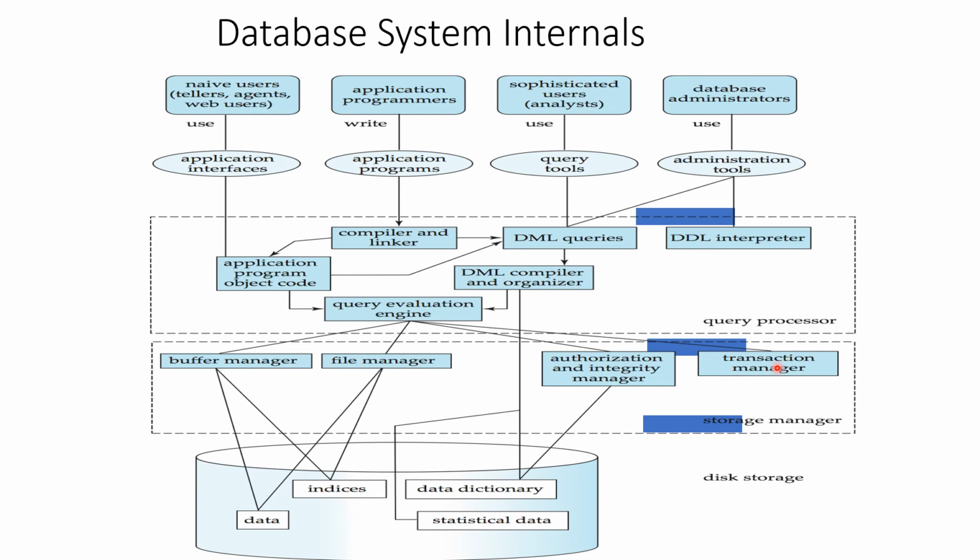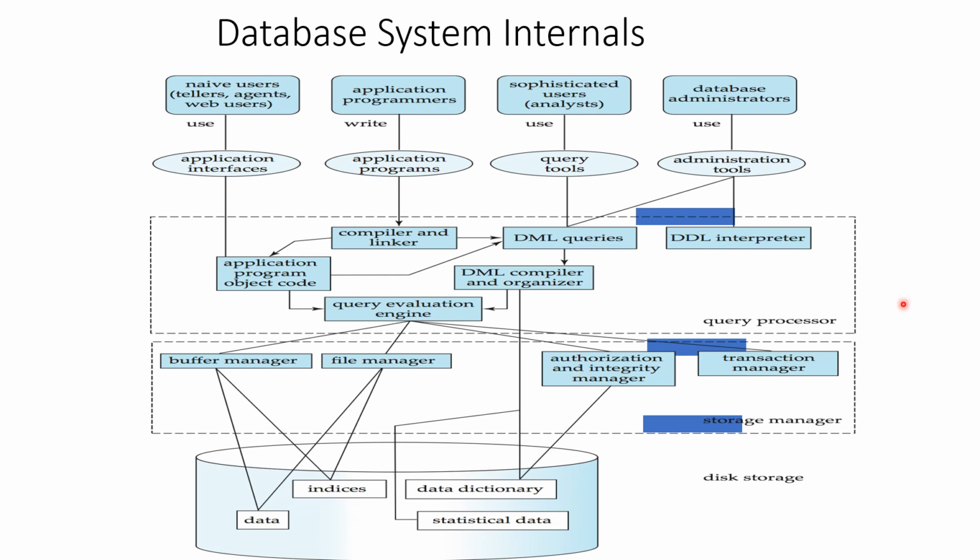So the data is made such that it goes in the proper formats. Then we have data, indexes, and a data dictionary available inside the database. Then we have statistical data, which stores the values of complex queries and all.